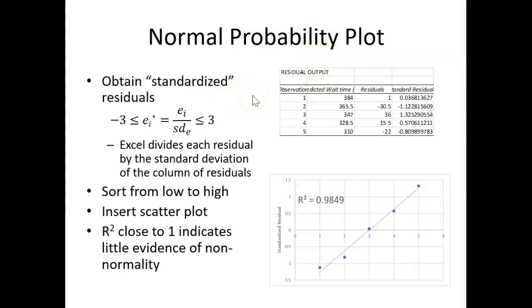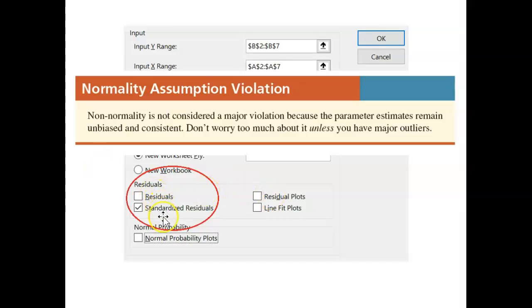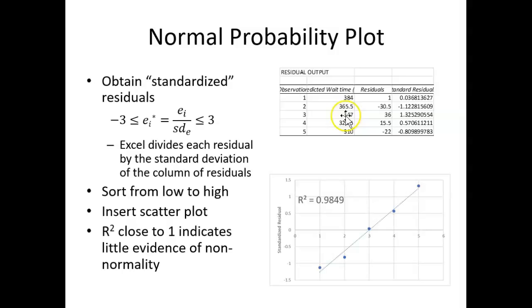For the wait time and number of operators data, I clicked on the standardized residuals box, clicked OK, and the output is this residual output. The residuals in this third column are the numbers that we calculated in Excel by hand. And the standardized residual is this last column.